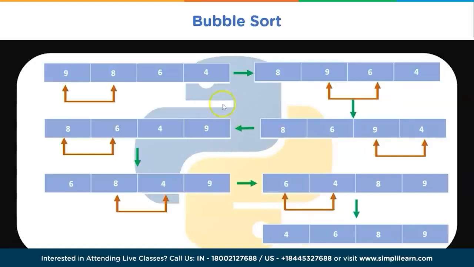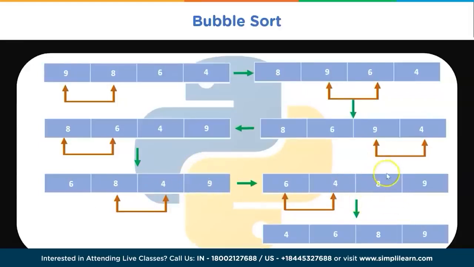Now we don't need to go to that position again; we will only go till the second last position. So now we start from the beginning and compare 8 with 6. 6 is smaller than 8, so we swap, and now your output is 6, 8, 4, 9. Again 8 is compared with 4, 4 is smaller than 8, so it is swapped. We will not go further because we know 9 is at its correct position.